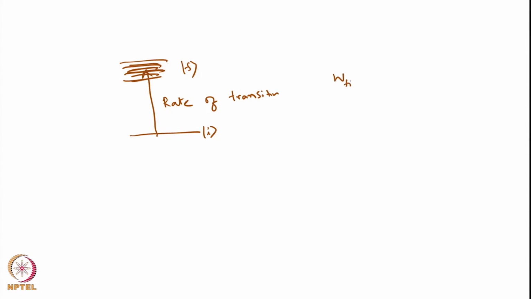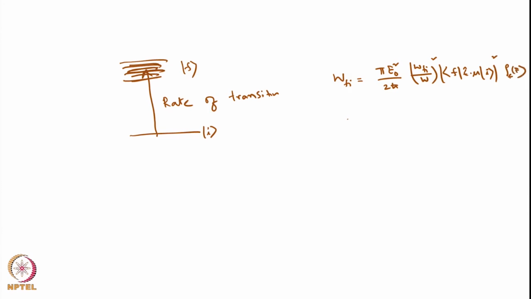so WFI is equal to pi E naught square by 2 h bar, omega Fi by omega square, f epsilon dot mu I modulus square into rho f at e.